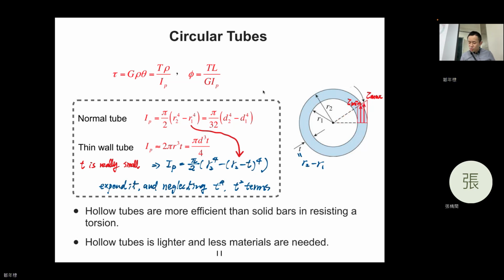If you want to resist that small tau and you fill all the material inside, that's really not efficient. So if you want to save material and the weight of the system, you typically suggest using a circular tube. It's easier, more efficient, cheaper. So that's it.